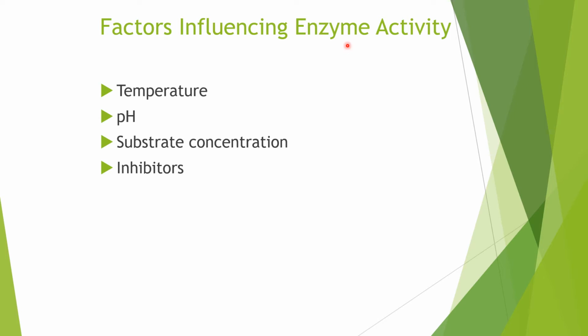So the enzymes within your stomach work their best when the pH is around 2, because that's the pH of your stomach. The enzymes within your blood are going to work best when the pH is around 7, because that's the condition of your blood. The pH there is around 7.